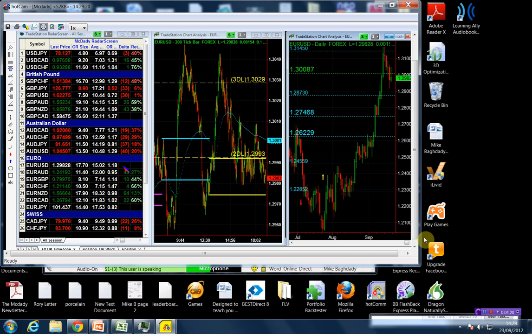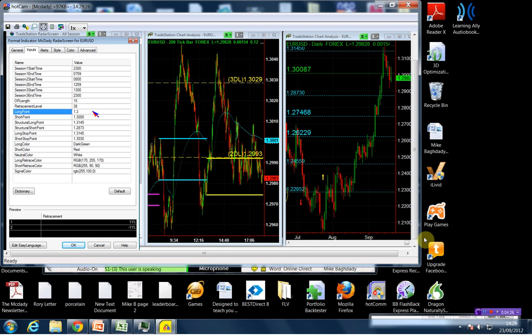For the euro dollar, we will buy it above the 130.87. That is our long point. It is our structural long point, and of course it will become our stop.